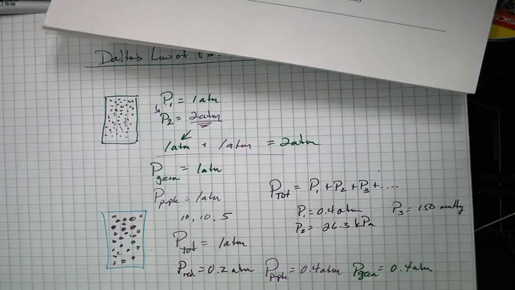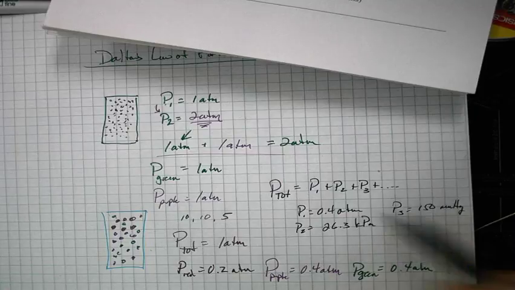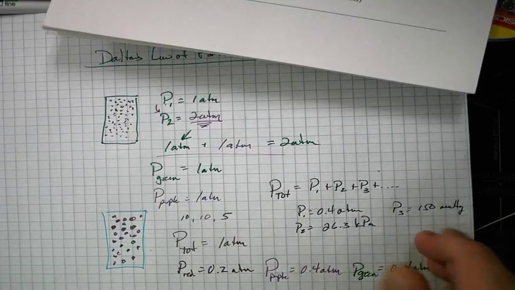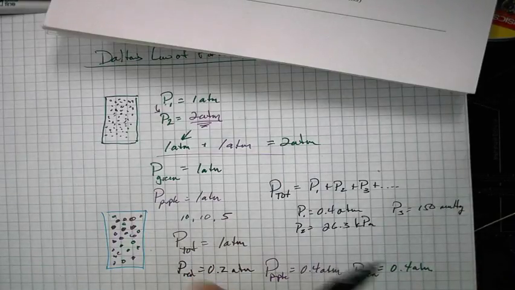Okay, but that's just me being a bud. Because you would just have to change all of these to one of the other forms of pressure and then add them together and figure out what it is. But they still add. Just because they have different units doesn't mean they don't add. You just have to change them to the same units before you add, because you can't add if they don't have the same units, right?